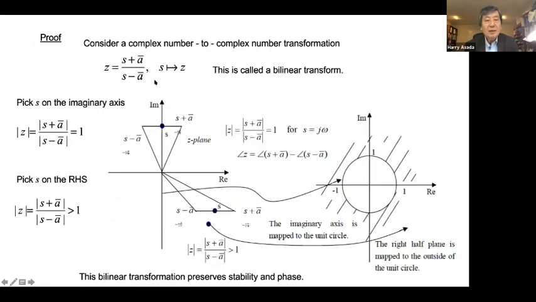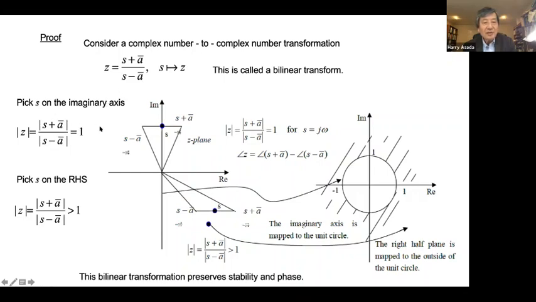So this transformation maps a point in the complex plane of s to another complex plane z, right? So let's first pick the point s on the imaginary axis, and compute the absolute value of this, and look at this versus this.